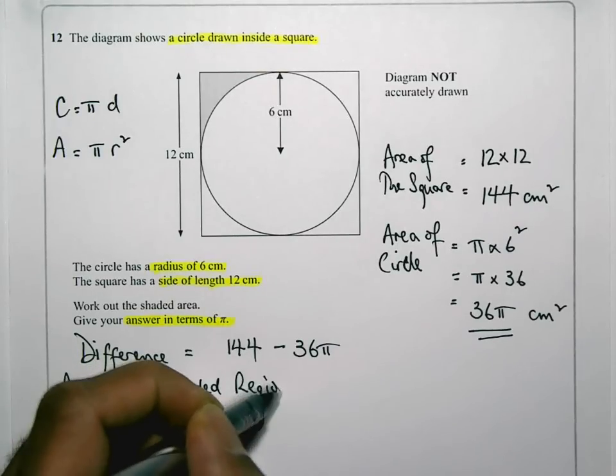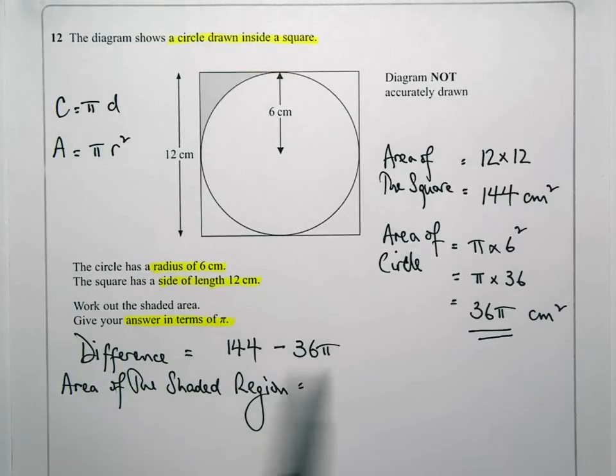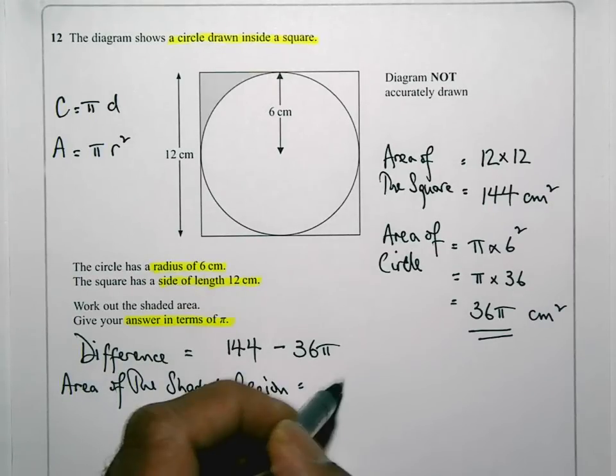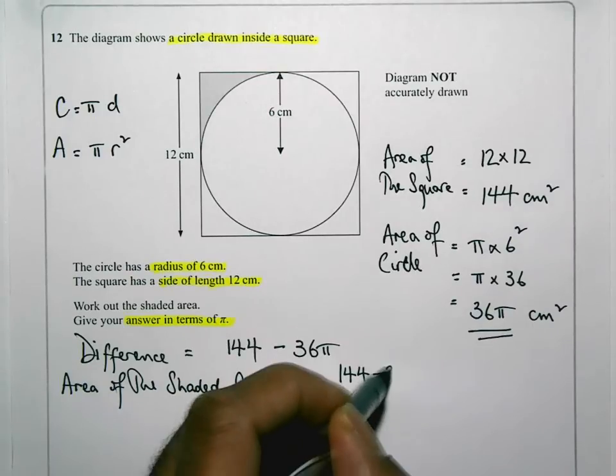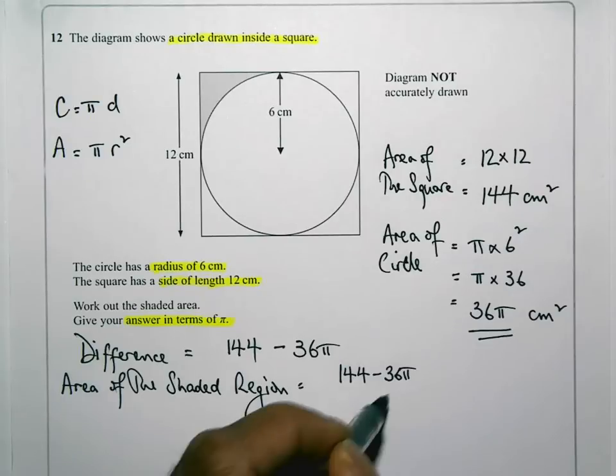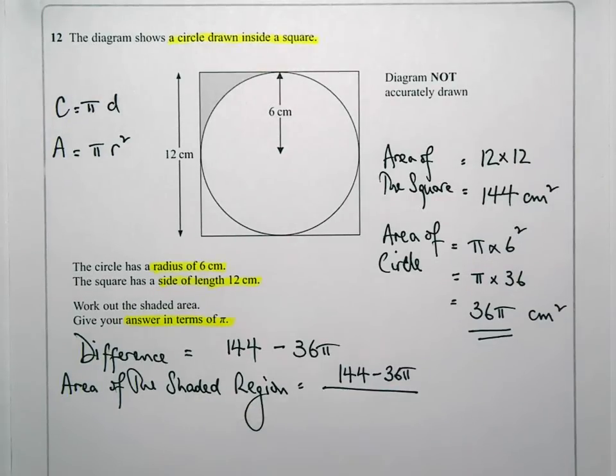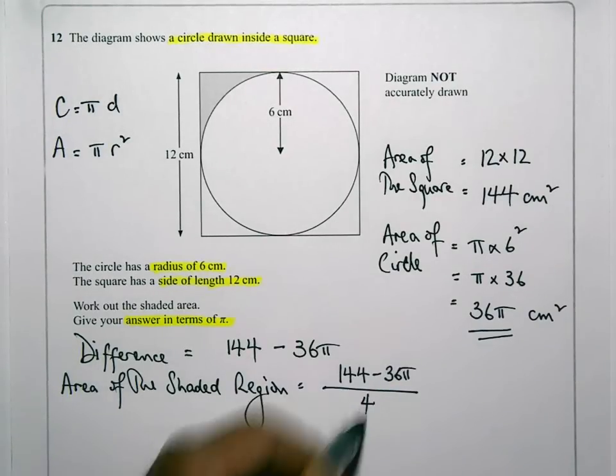Now that's going to be this bit here, 144 minus 36 pi. 144 minus 36 pi. But all of that divided by 4, because all 4 of those are exactly the same.